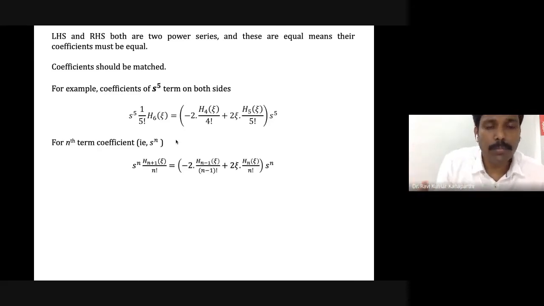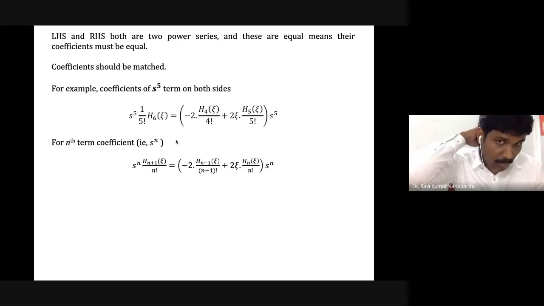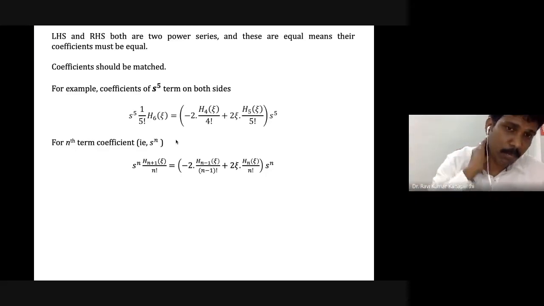So for obtaining the s to the power n coefficient on the left hand side, one has to substitute n equal to n plus 1 itself.